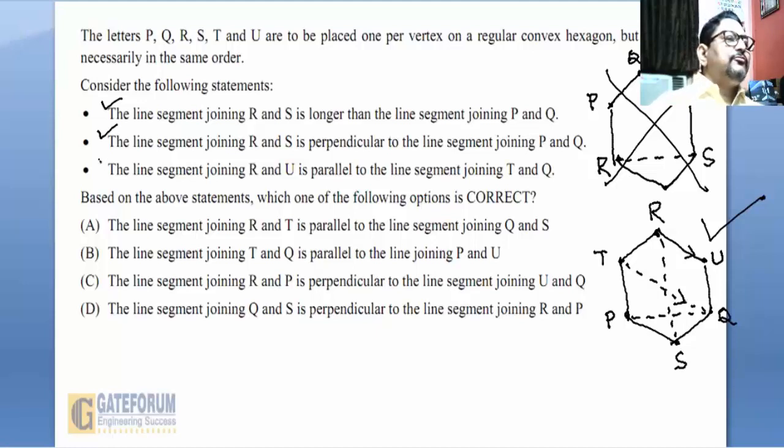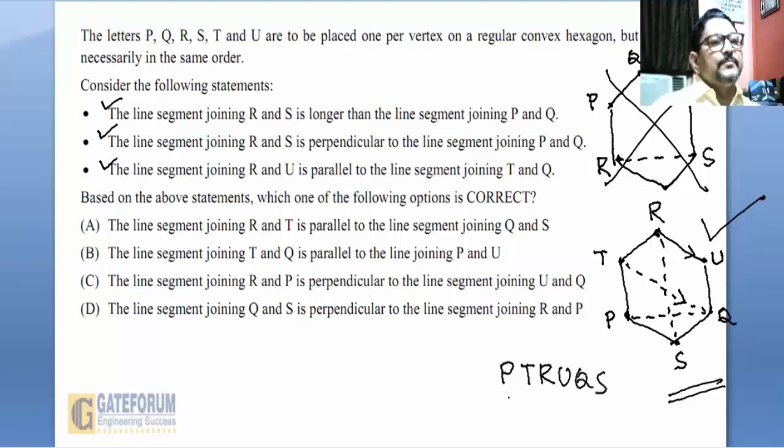So from these three, we have hit upon the correct combination, and we can say that our hexagon is nothing but hexagon PTRUQS. So this is the hexagon.